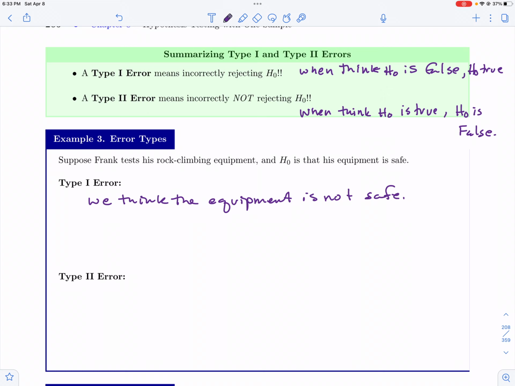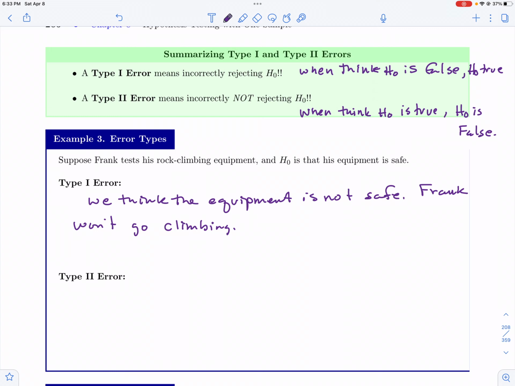Since it's not safe, Frank probably won't go rock climbing. Which again is okay. It's a little disappointing that he doesn't get to go rock climbing, but at least he's not going to get hurt. And if he would have gone rock climbing, since it was safe, he would have been fine. But since he thought it was not safe, he decided to not go rock climbing. And so again, he's safe either way.